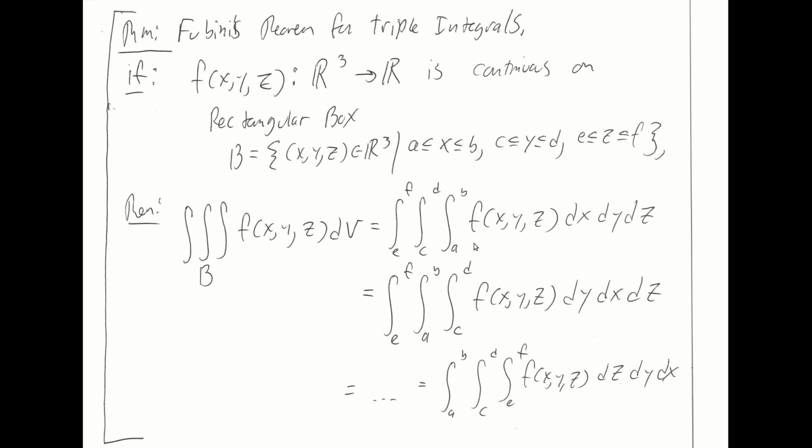And note that the limits of integration for each of the variables are the bounds that constrained that variable in the definition of B. So x was taken to be between a and b, and my limits of integration for my dx integral are a and b. And that remains true regardless of where the dx integral shows up in terms of order of integration. It's always going to be paired together with its appropriate bounds given in the articulation of region B.